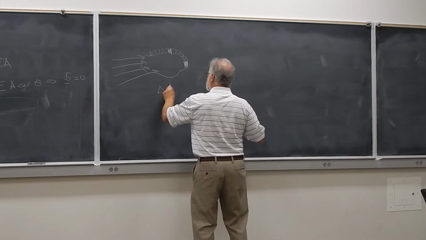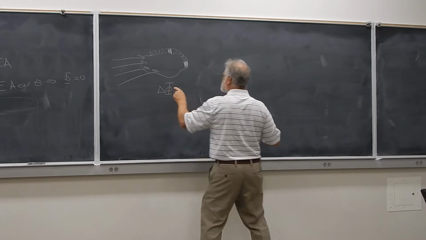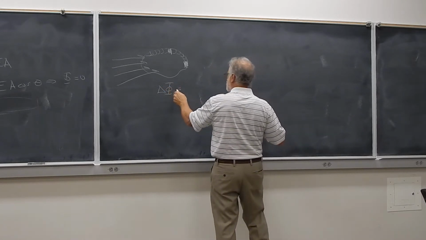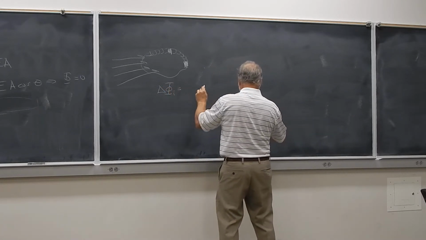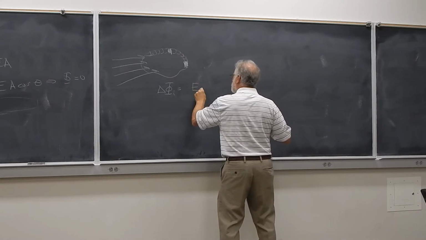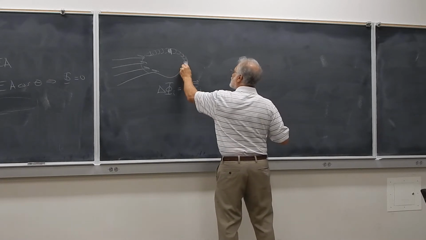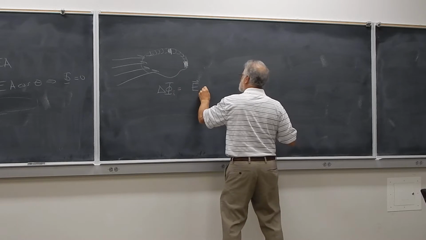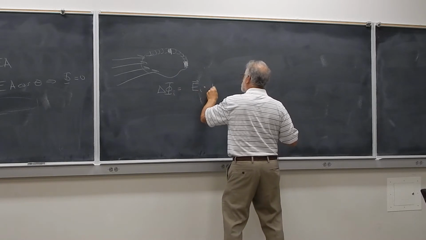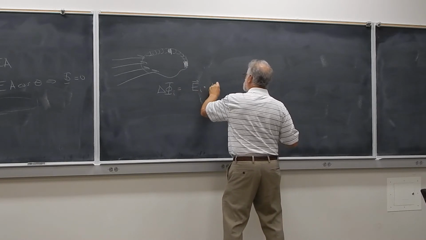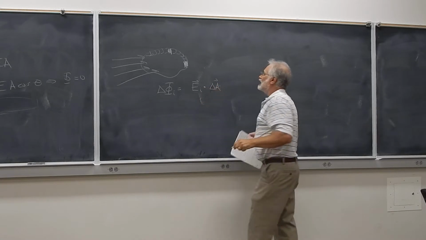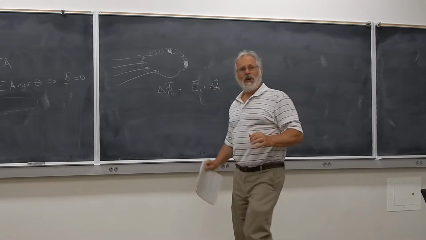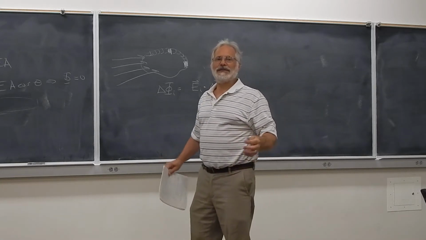Any particular element will have some little amount of flux, I'll call it delta phi, equal to E, the lines that penetrate that surface, dot delta A. In this case, what do I mean by an area vector?